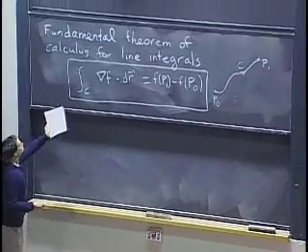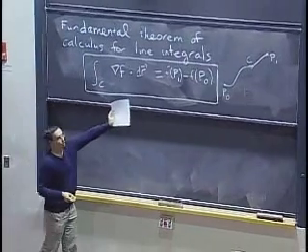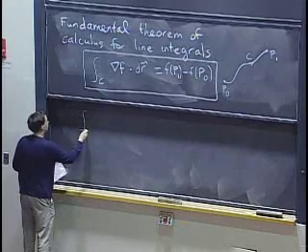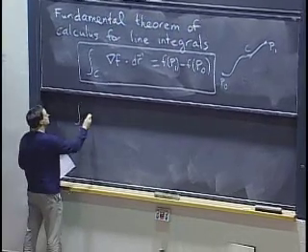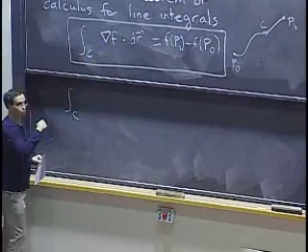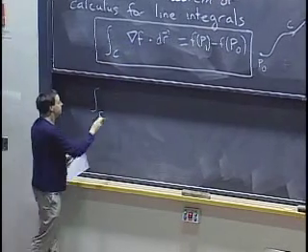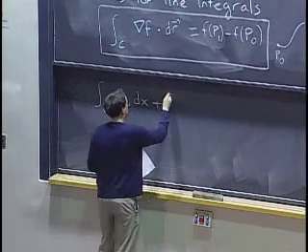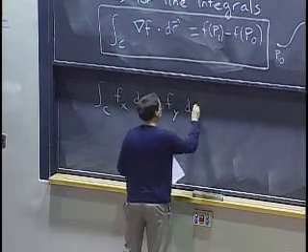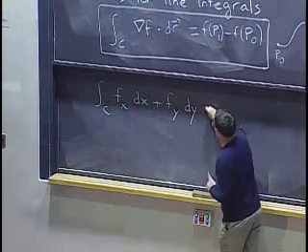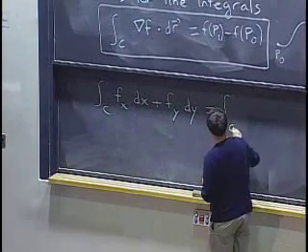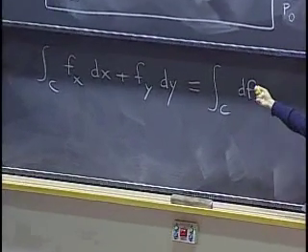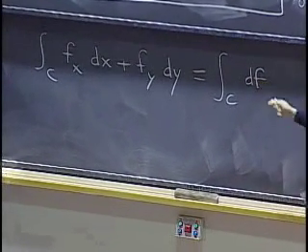So maybe I should say, if you try to write this in coordinates, because that's also a useful way to think about it, if I give you the line integral along C, so the gradient field, the components are f sub x and f sub y. So it means I'm actually integrating f sub x dx plus f sub y dy. Or if you prefer, that's the same thing as actually integrating df. So I'm integrating the differential of a function f.